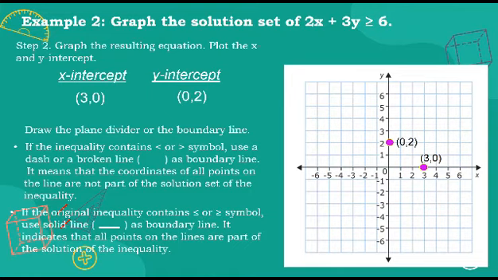It indicates that all points on the line are part of the solution of the inequality. Since the given inequality contains a greater than or equal to symbol, the boundary line is a solid line. It means that all the points located on the line are all part of the solution set of the given inequality.